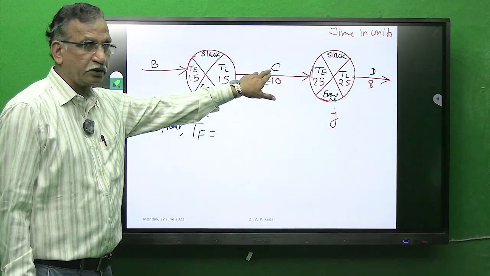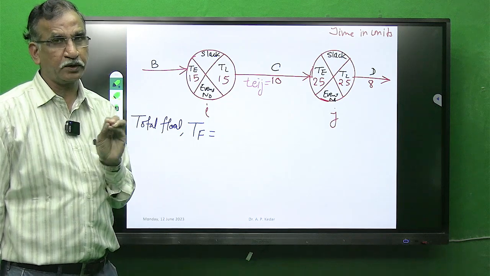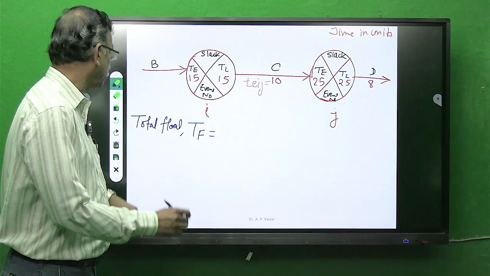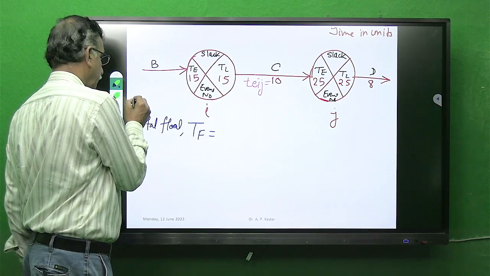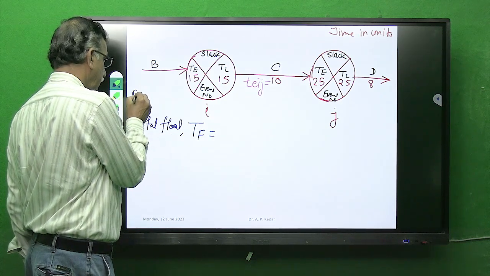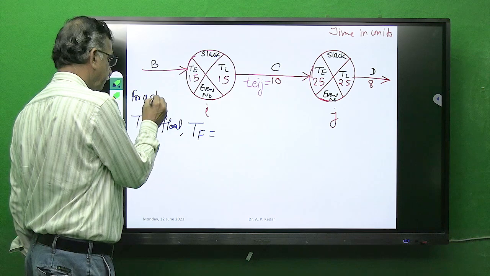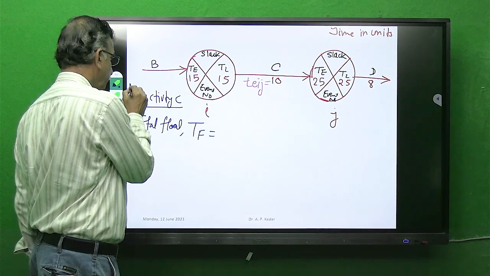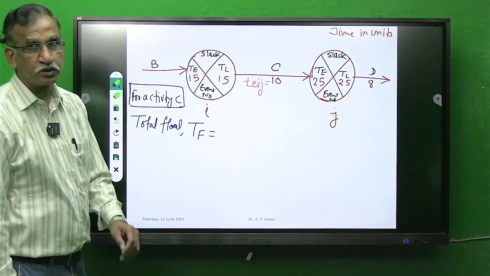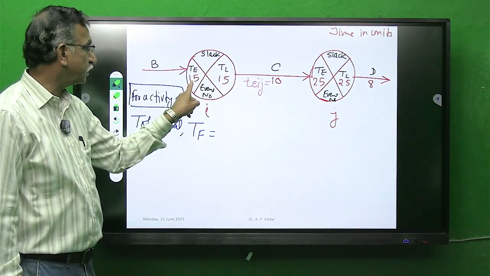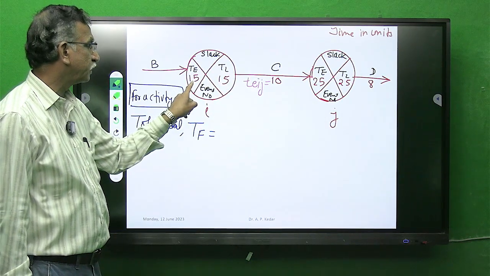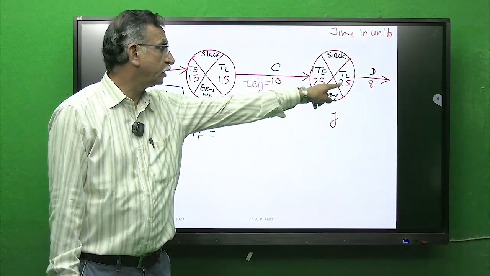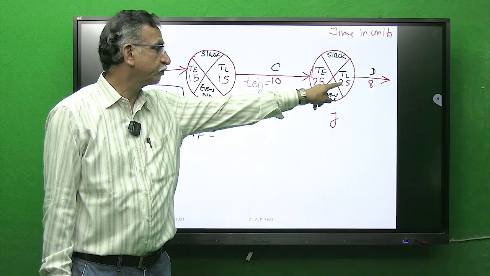For activity C, a very important point I am emphasizing: we are doing all this business for activity C. See students, for activity C, the earliest start is 15, the latest completion is 25, TL, the latest completion is 25.